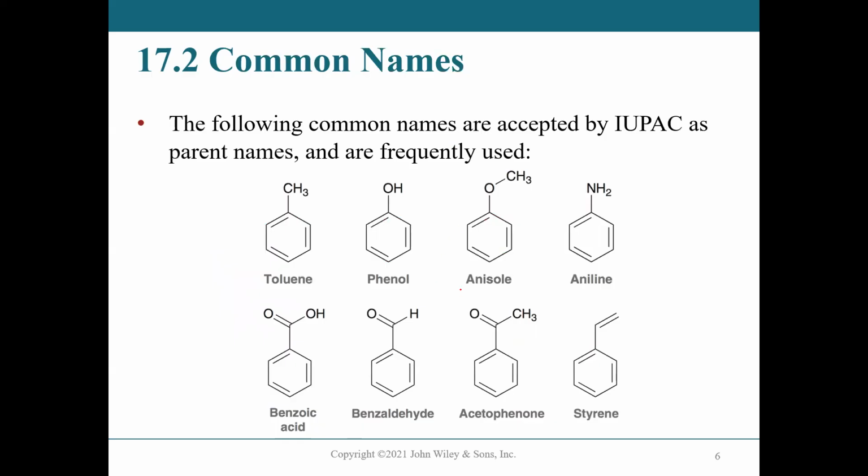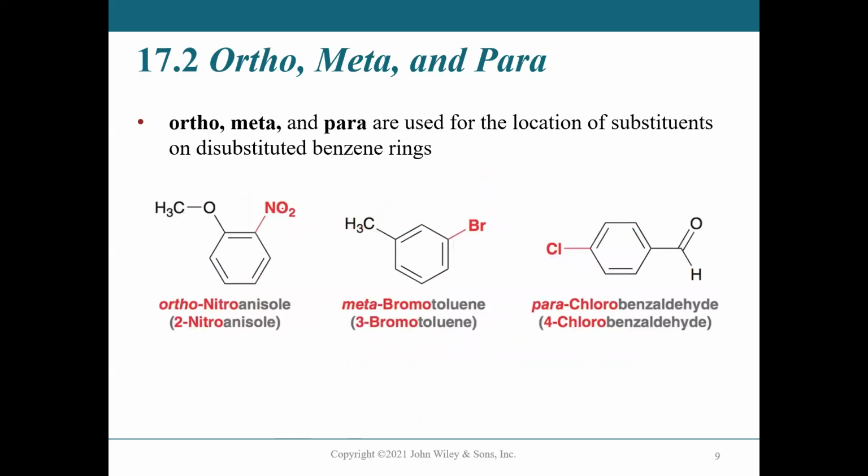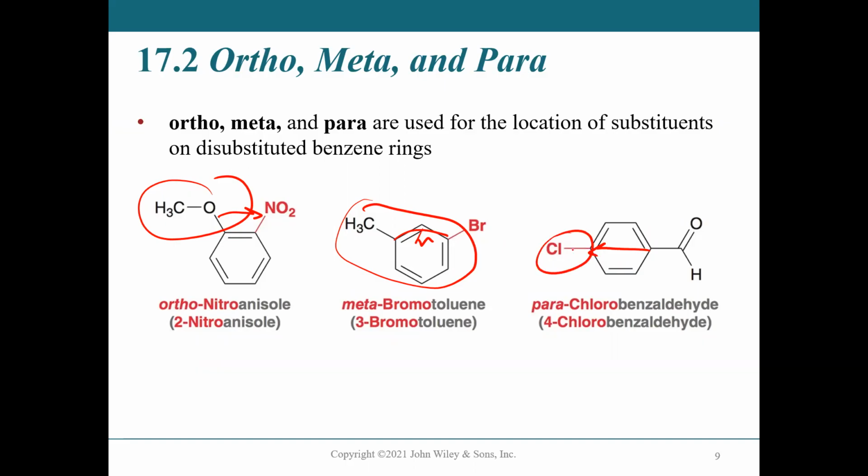So the anisole is this right here. So we already have a common name for that. That's our anisole. So in ortho position of that, that's your nitro group. So this is toluene right here, and meta to that is the bromo group. Likewise with this, para is the chlorine group over here.